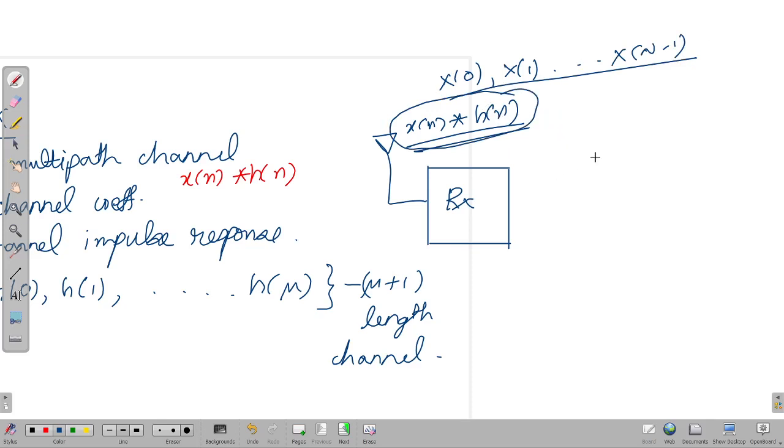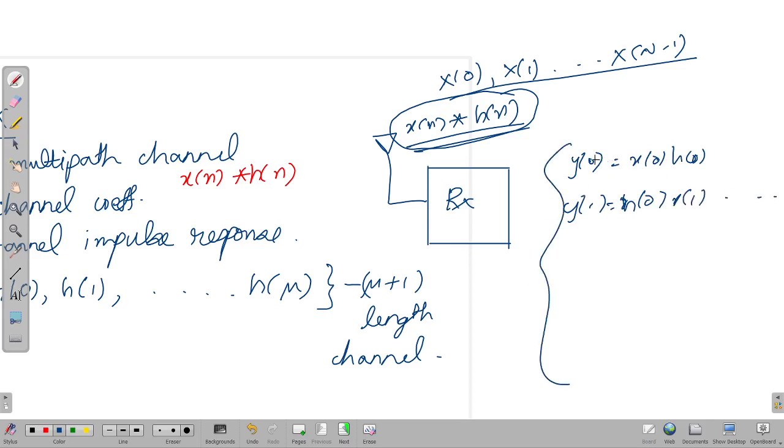When you have a convolution product, you will have y of 0 is x of 0 h of 0, y of 1 is h of 0 x of 1 plus h of 1 x of 0, etc., up to y of n minus 1. It is a product and sum: first you multiply and then add. And how do you separate out the signals? That is a challenge at the receiver.